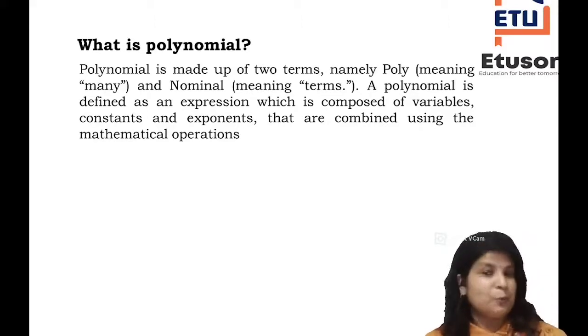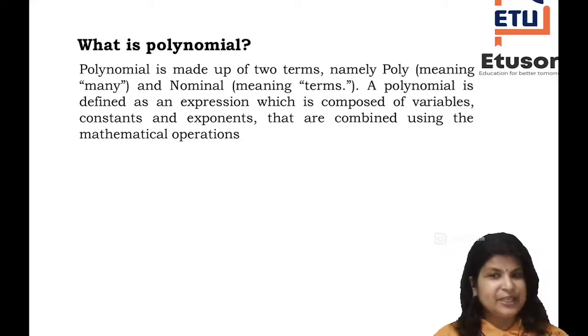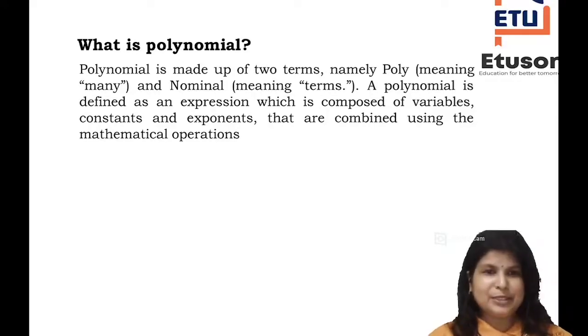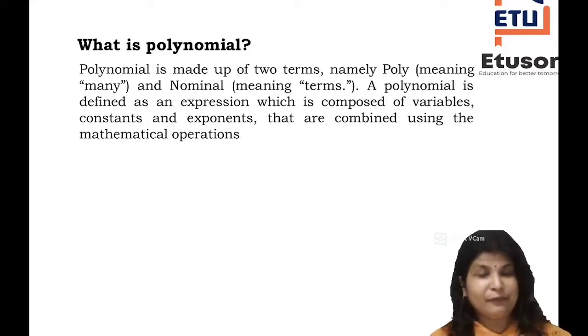So a polynomial is defined as an expression which is composed of variables, constants and exponents that are combined using mathematical operations. So both the definitions of algebraic expression and polynomial are found to be similar. Then what is the difference?